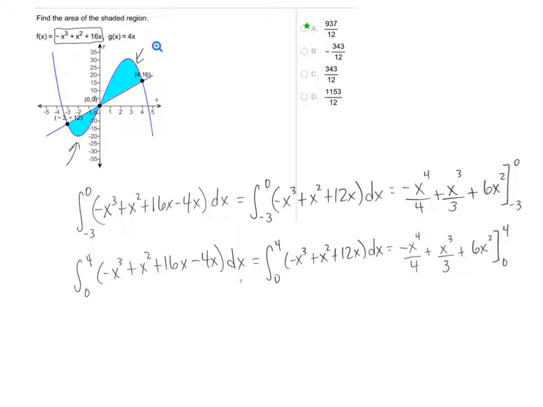And then we'll do the same thing down here. We'll put the 4's in for all of our x's, and then you can subtract what you get if you put zeros in, but you don't actually have to do that part because you just get 0, so you're going to subtract 0. So we'll get a positive number on this one, and then we'll just add those two together. What you should get is 937/12.